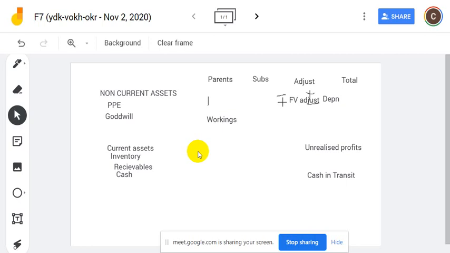So add the totals for the non-current assets to the total of the current assets to give you total assets. Once you've got your total assets, you move to the equity section.